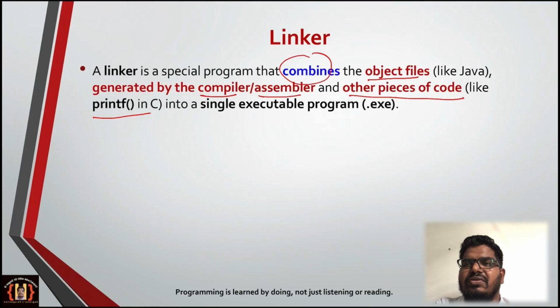That actual program is also brought into your program, and the linker will take care of it. So finally it will bring everything into a single executable file. You will understand it in more detail later on, but for now just assume it combines all the other files into a single executable file.